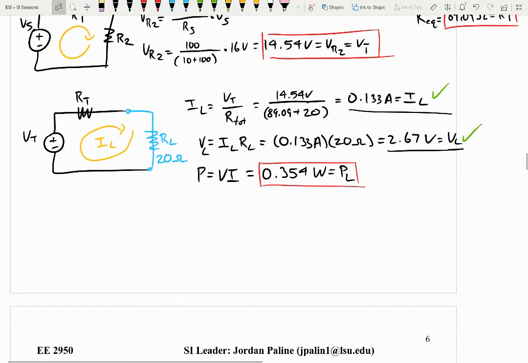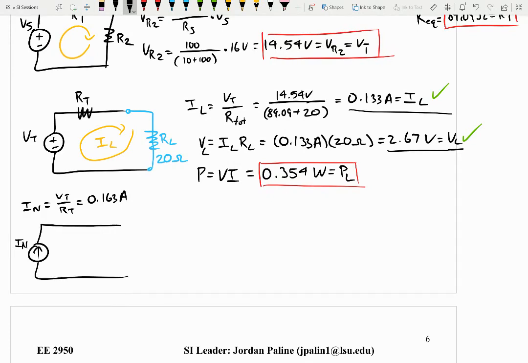Quick note here, if you want to solve it using Norton, that's okay too. I'll just do that for you real quick. So I Norton is going to be equal to VThev over RThev, which is 0.163 amps. So it's I Norton. This is R Thevenin.